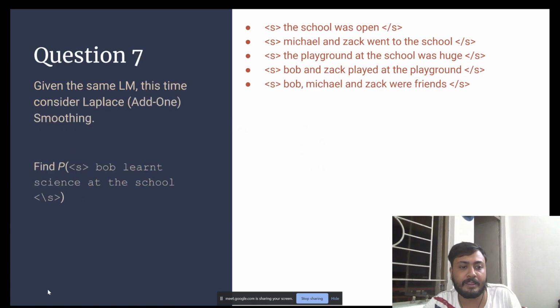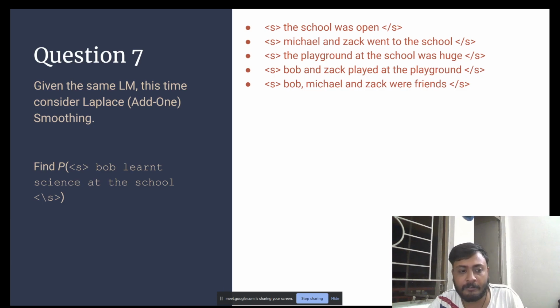Okay, let's move on. Now we have Laplace add-1 smoothing. You are given a new sentence: Bob learned science at the school. And you have to calculate the same probability estimate, but this time with Laplace add-1 smoothing.